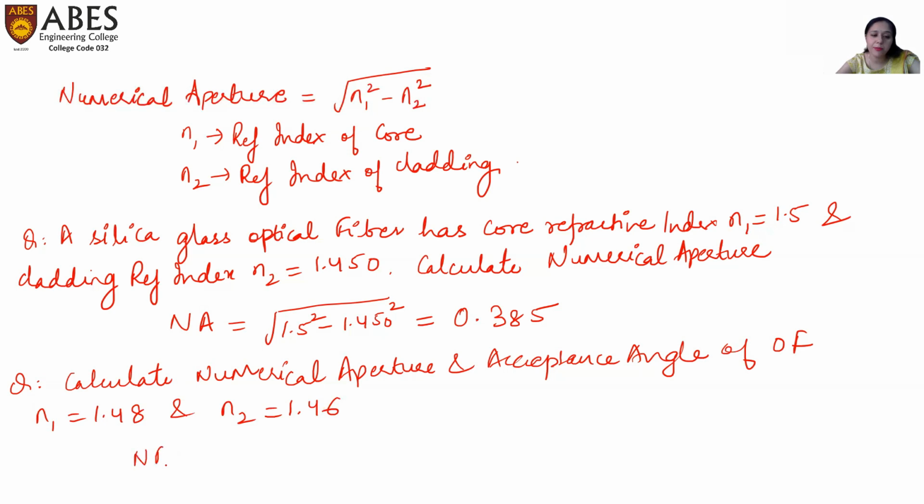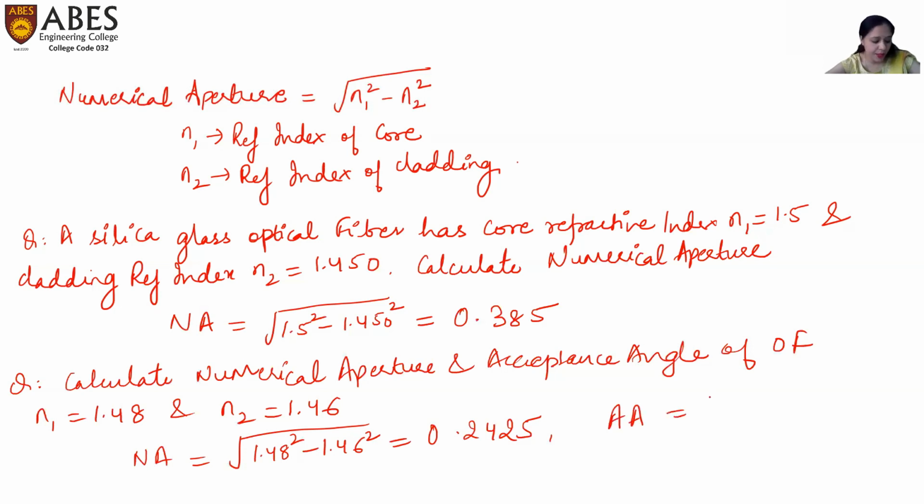So numerical aperture will be simple: under root of 1.48 square minus 1.46 square, which comes out to be 0.2425. Acceptance angle in this case will be sine inverse of numerical aperture, that is sine inverse of 0.2425, which will come out to be 14 degrees, right? So we have done two basic numericals right now, one for numerical aperture and the other for acceptance angle.